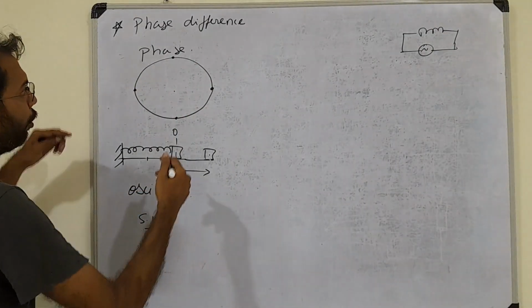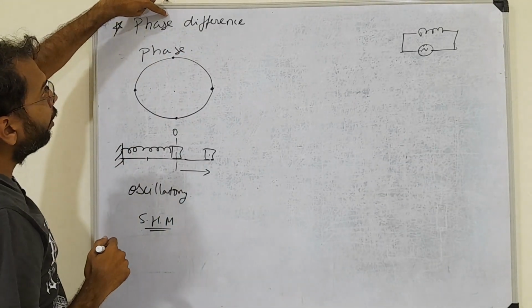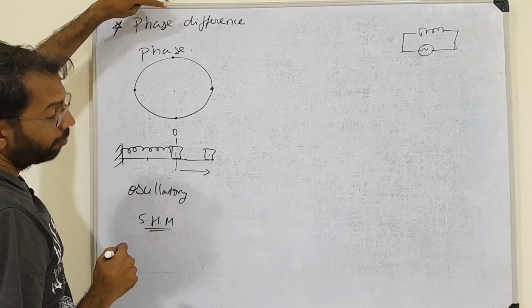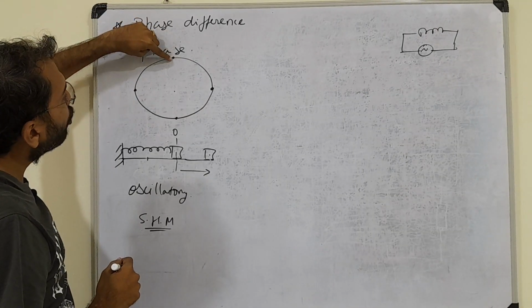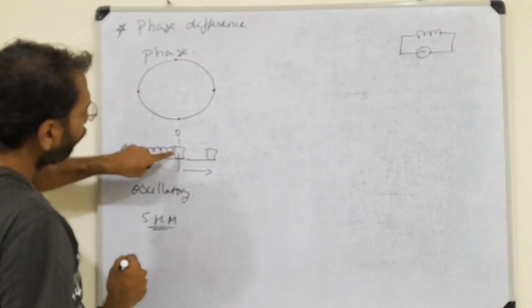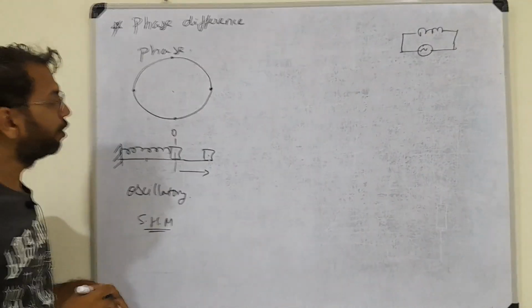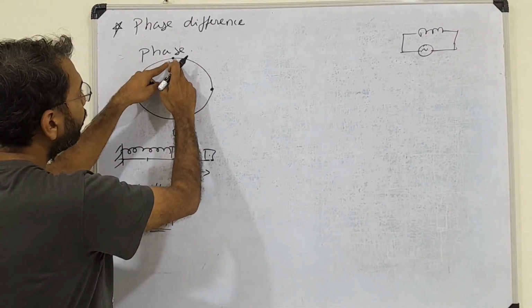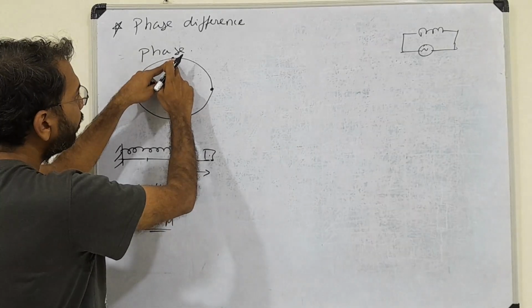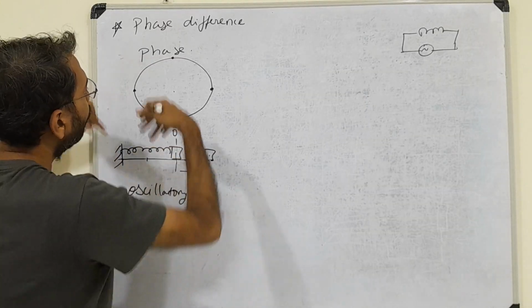So basically what you have is, if you have a light source overhead, then the shadow of this particle will exactly fall on the object performing the simple harmonic motion. So that is what we mean when we say that we project the linear motion of the object on the circular motion.